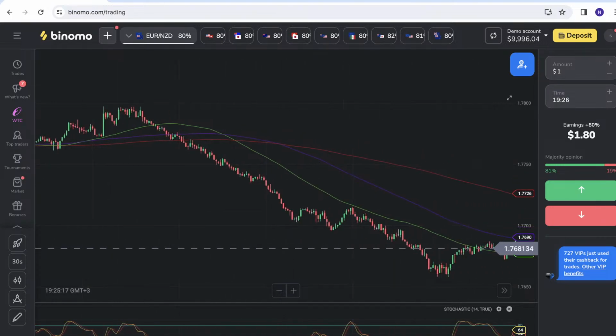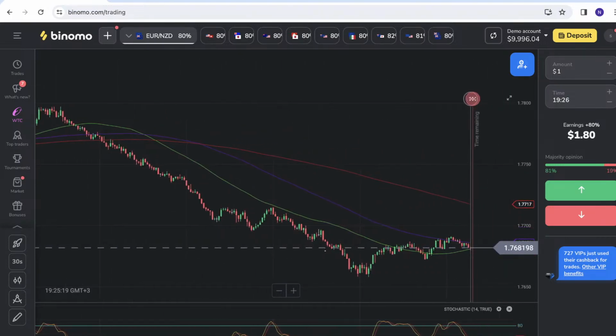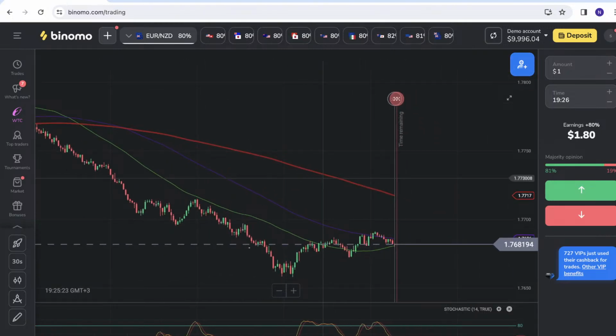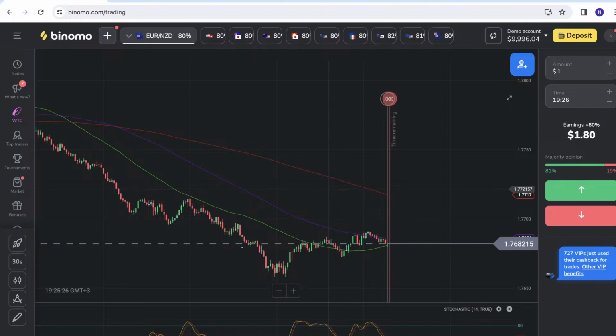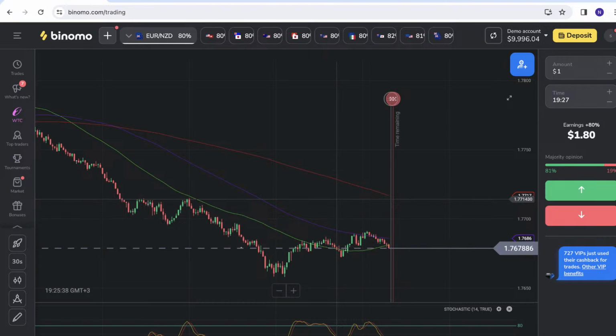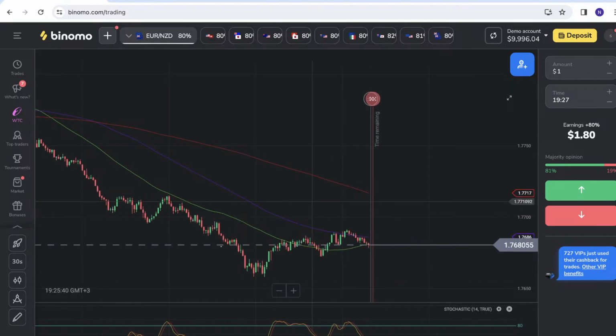Also, please try to use the economic calendar before you trade, because it greatly impacts our graphs. Price changes because of inflation, interest rates, or GDP. Please be careful with these announcements released on the economic calendar.